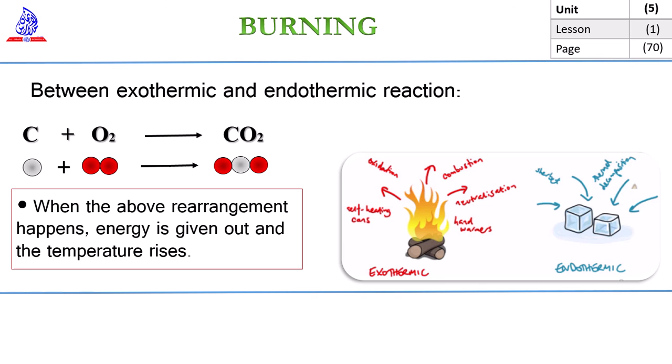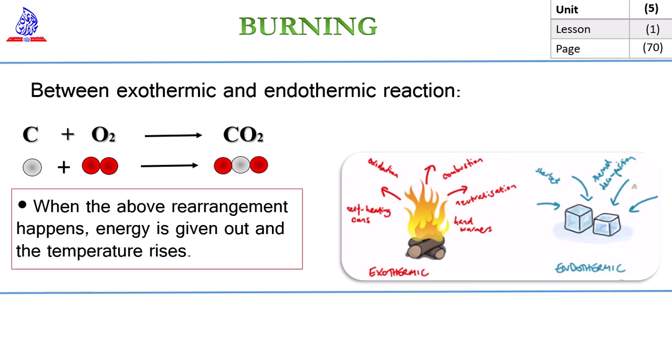The opposite of this definition is endothermic. What is the meaning of endothermic? Endothermic means energy or heat going from the surroundings to inside the system. This is the opposite term. So, in conclusion, there are two types of thermic reaction: exothermic reaction and endothermic reaction.